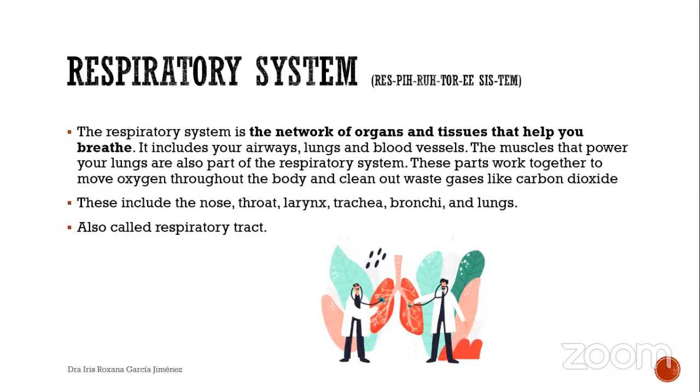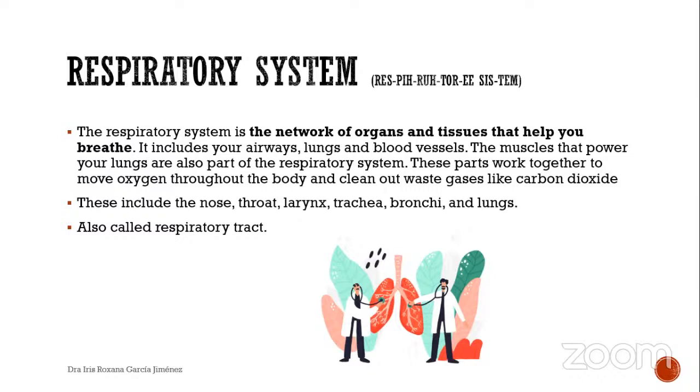It includes your airways, lungs, and blood vessels. The muscles that power your lungs are also part of the respiratory system, of course. These parts work together to move oxygen throughout the body and clean out waste gases like carbon dioxide.